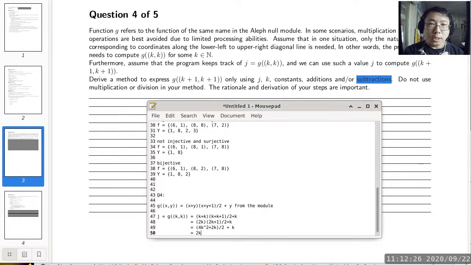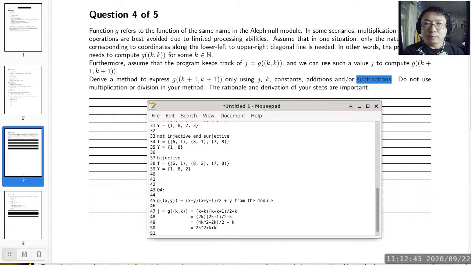It's 2k squared plus, because of the division by 2, a plus k, and then we have another plus k. The first plus k is from 2k divided by 2, and the second k is the k that is at the end of the previous line.